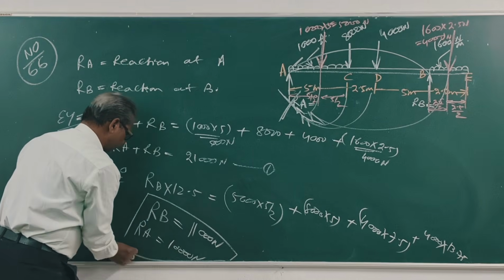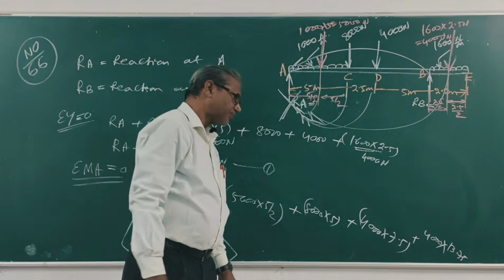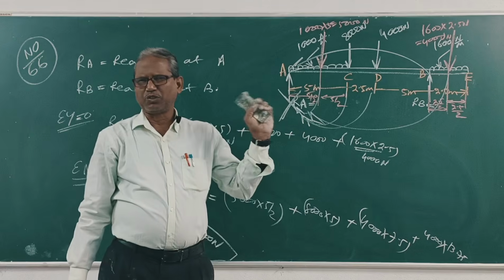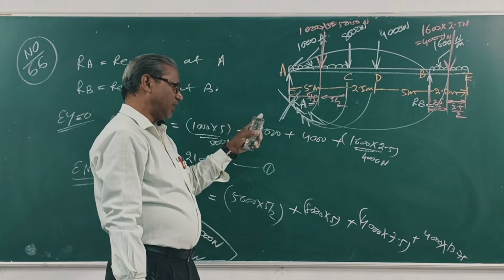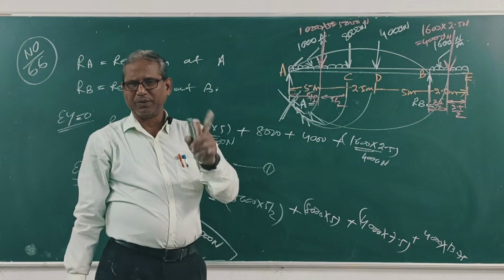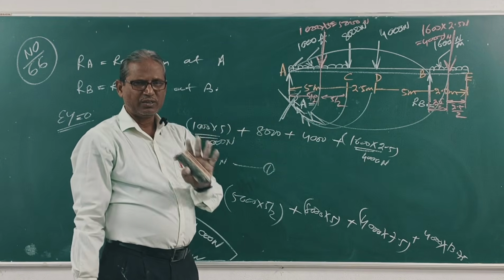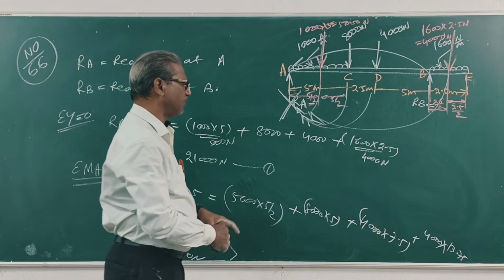Right? Now make the shear force calculation. I have already found reaction A and reaction B, and all loads are given in the question. Now we will find the value of shear force at all the points.